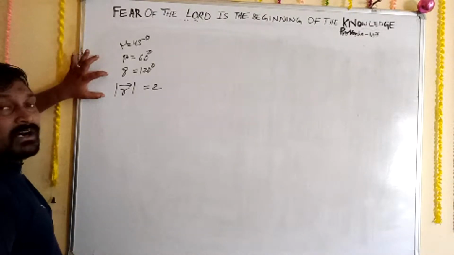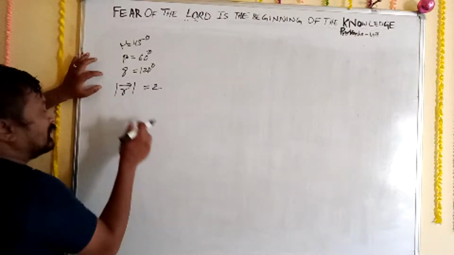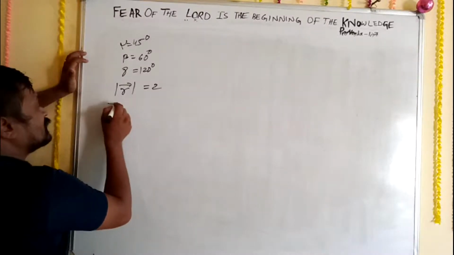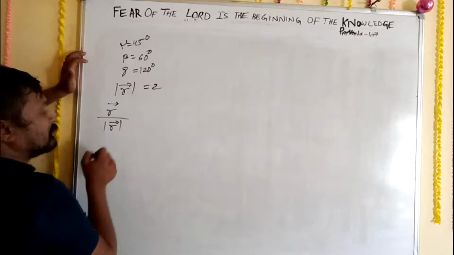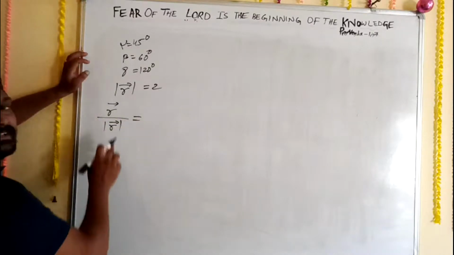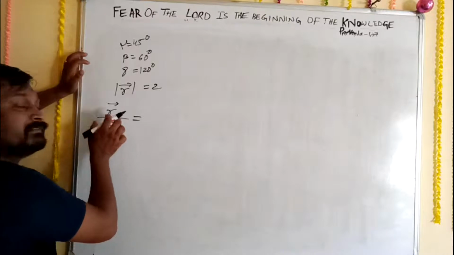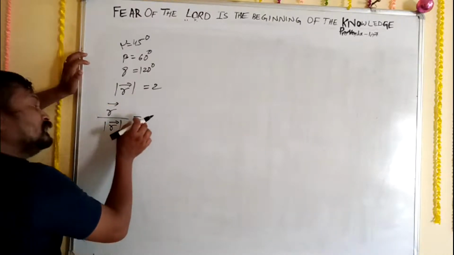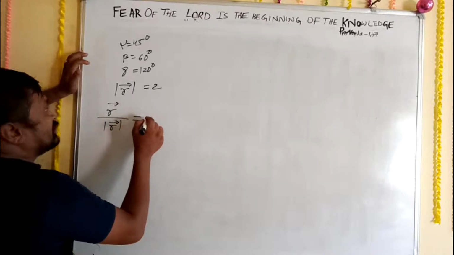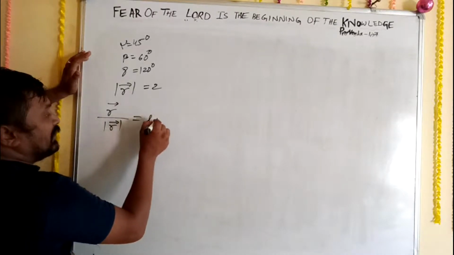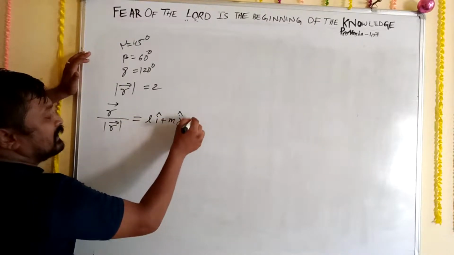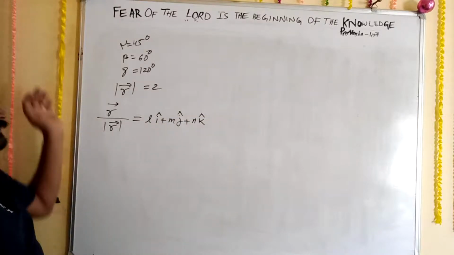The unit vector of R means R vector upon modulus of R vector. This is called the unit vector of R. The unit vector is equal to Li cap plus Mj cap plus Nk cap. Then we are able to find the vector R.